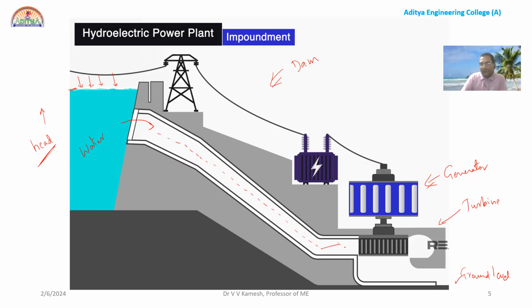Now the water is hitting the turbine and the turbine will rotate like this. The turbine rotation makes the generator rotate. Then you get electricity, which is distributed through other lines. Right. So this is the basic skeleton diagram of a hydroelectric power plant.